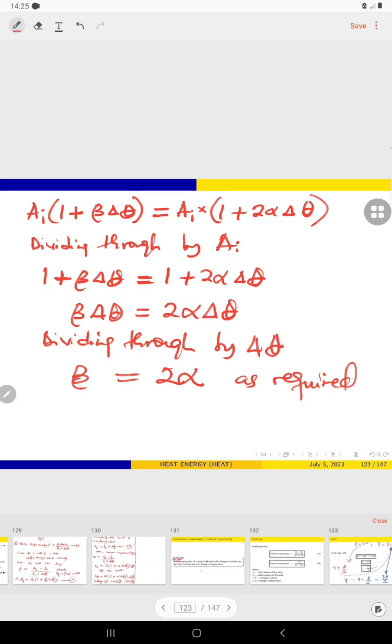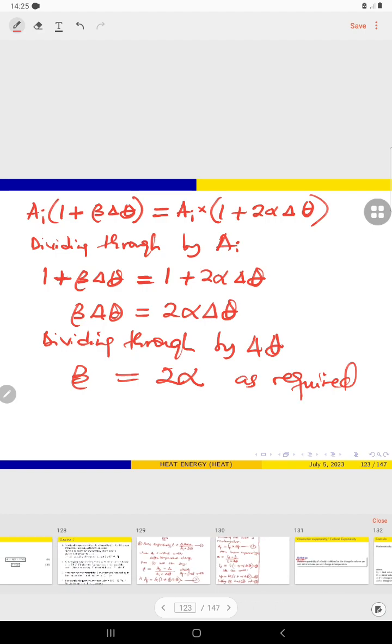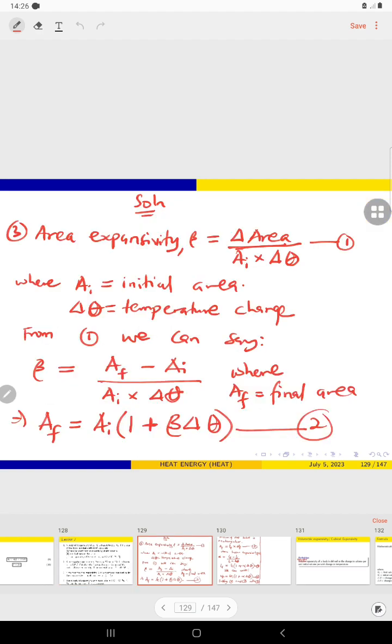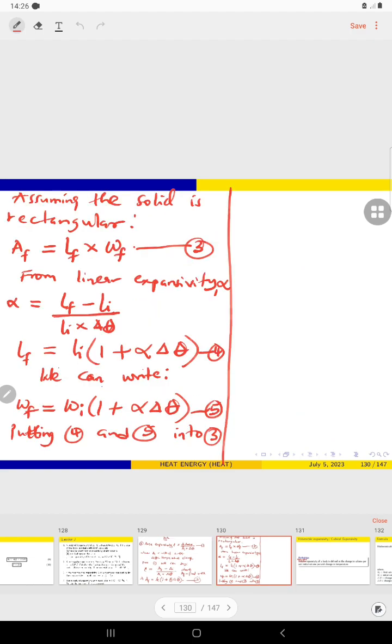Great. This was the question. We started from the definition of area expansivity. We made AF the subject. We put it down, and we are taking it to be a rectangular solid, then the AF will be this. We know that linear expansivity is given by this. We write an expression for LF and WF.